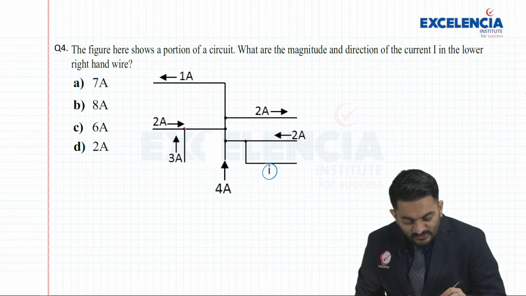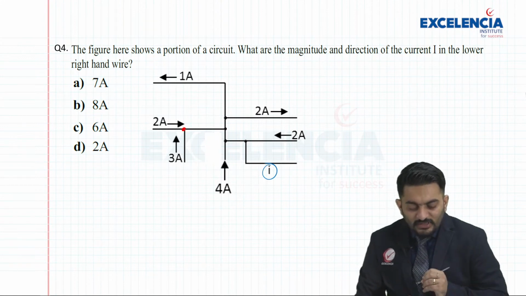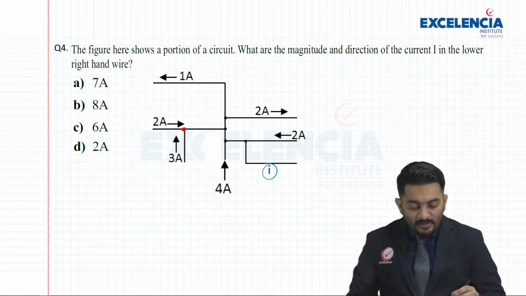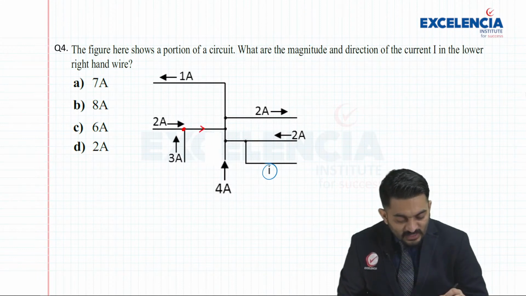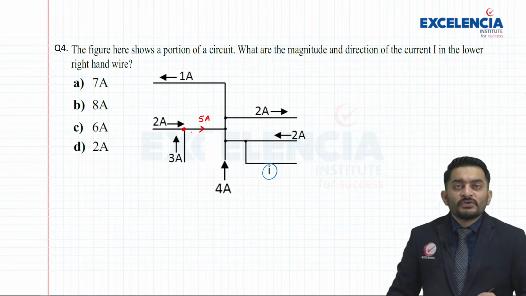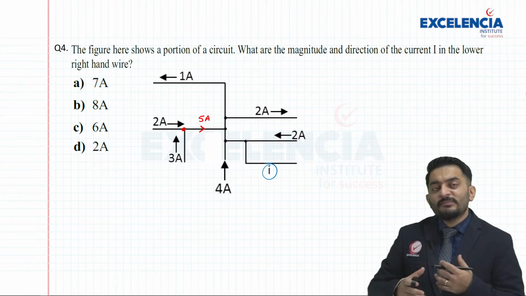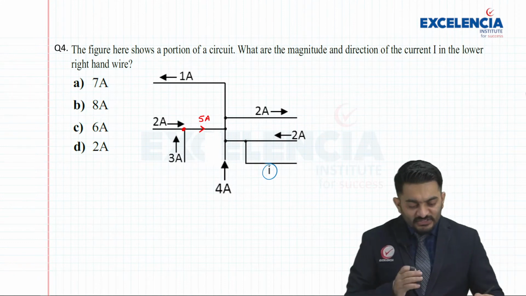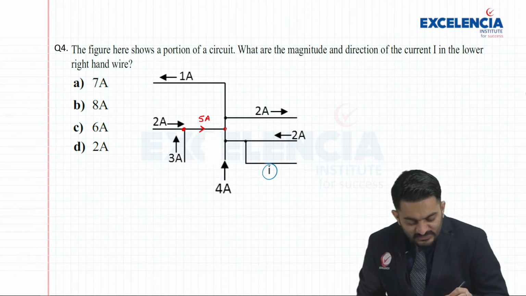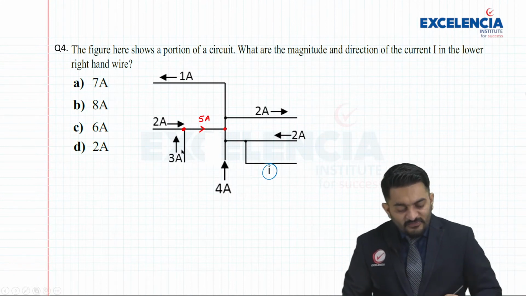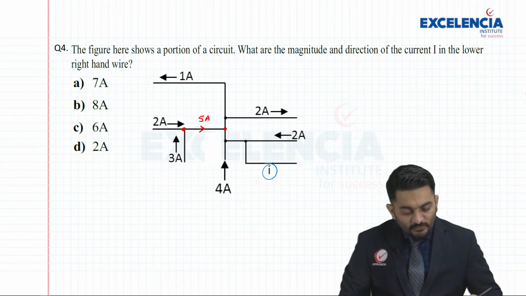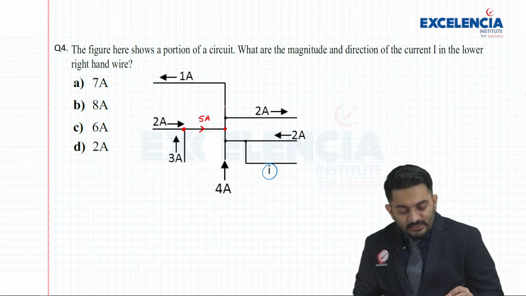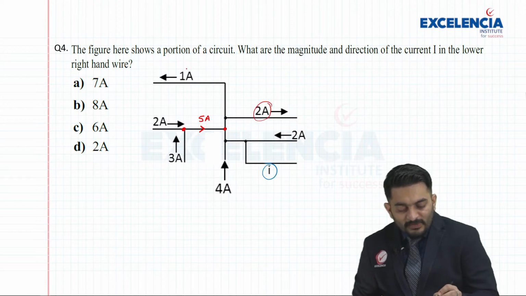You can see at this particular junction, the total current entering is 2 amp and 3 amp. That means this arm is going to have 5 amp. When you solve such a question, you just keep on writing the current values which you can conclude by simply looking at the junction. At the next junction, 5 amp enters from here, but above I can see the total is 2 amp and 1 amp.